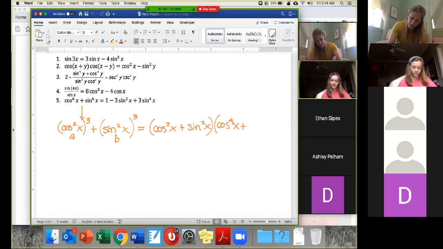Plus A times B, so cosine squared times sine squared, plus B squared, or wait, I missed a minus sign in here. That's going to be a minus right there. Plus B squared, so that's going to be sine to the 4th. All right, so that made kind of a mess, but at the same time, some things are going to happen nicely here for us.